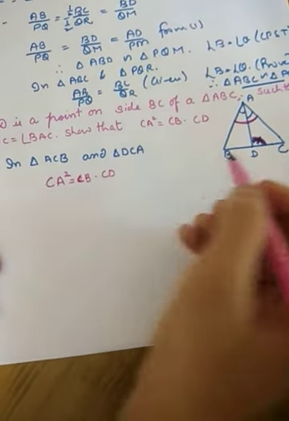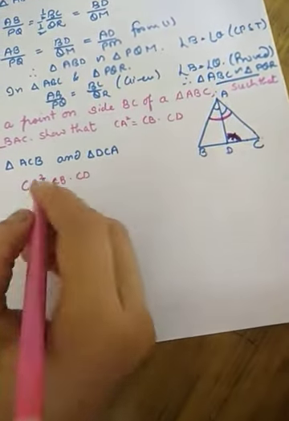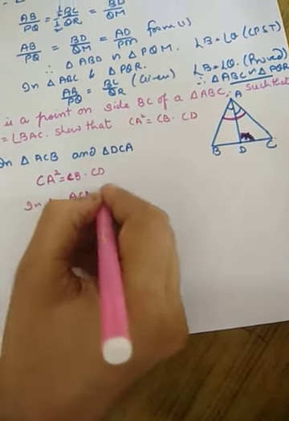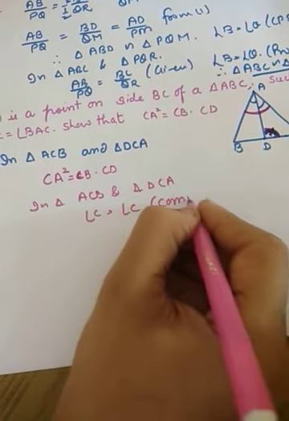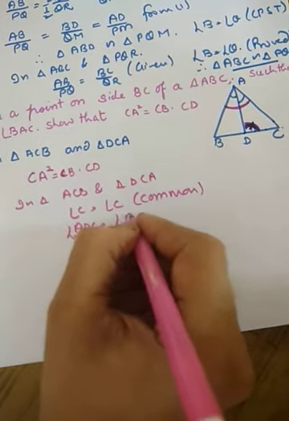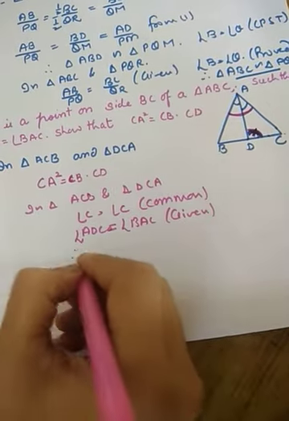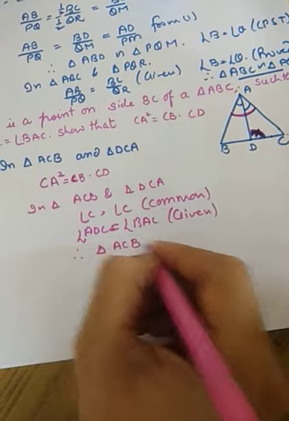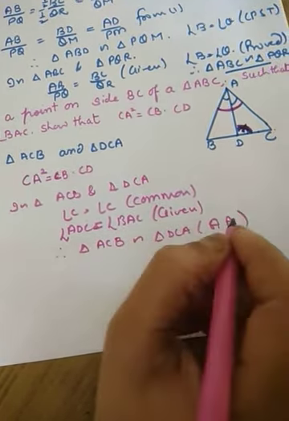So what will you do? You take triangle ACB and triangle DCA, one big triangle and one small triangle. In triangle ACB and triangle DCA, angle C is common and angle ADC is equal to angle BAC, this is given. So triangle ACB is similar to triangle DCA by angle similarity.